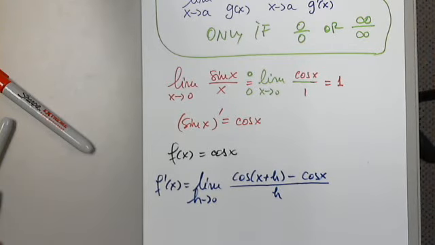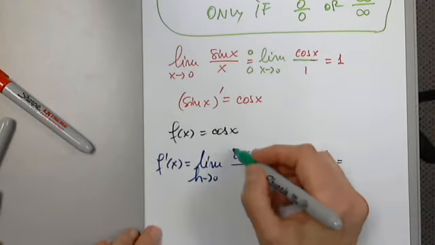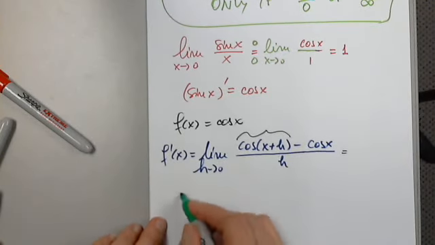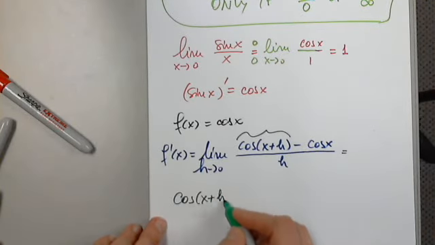And after we are going to manipulate this in many different ways, including using a lot of trig identities, at the end of the day, maybe on the next page, we're going to show what cosine prime is equal to. Okay? So here's the first identity that we have to use, which is cosine of x plus h.